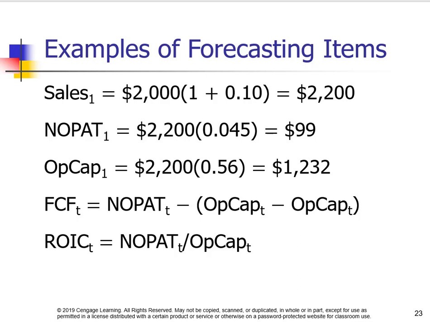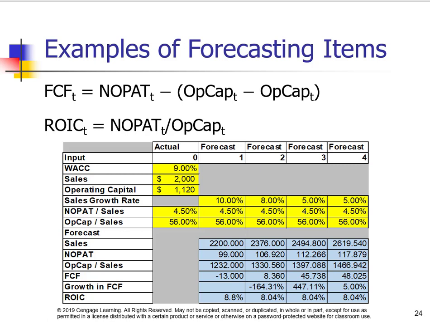That's the change. The return on invested capital for a certain time frame then is NOPAT divided by the operating capital. So let's take a look at this number. And again, I think this should have a T minus 1 here to show the change.